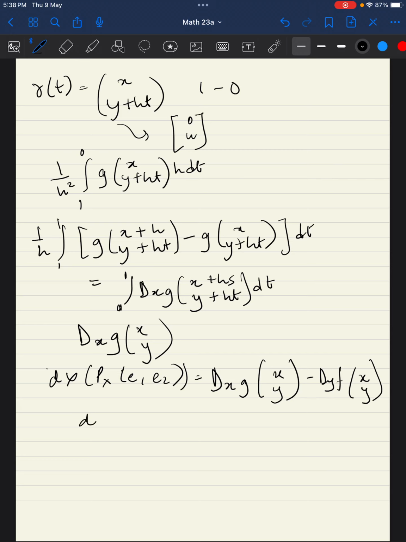So we got d phi is equal to dx g minus dy f. This is just in differential forms, dx dy, which is kind of what we wanted to show. Thank you for staying for my proof.